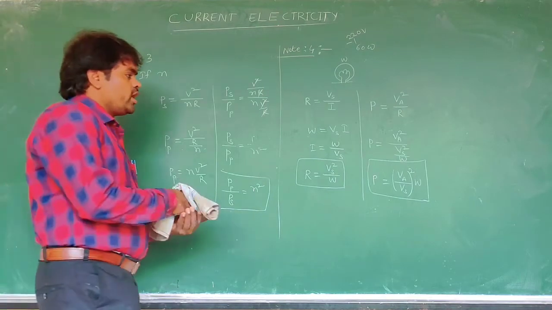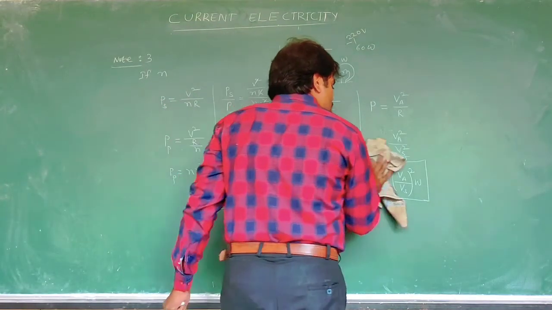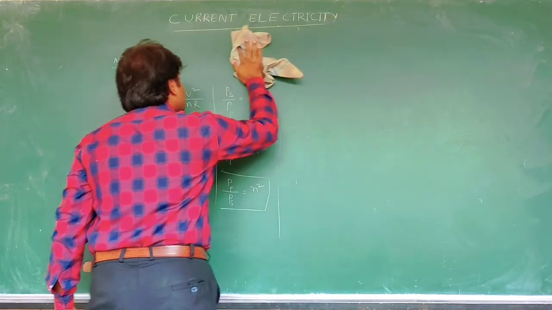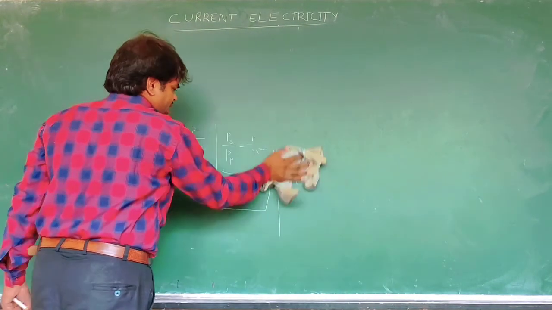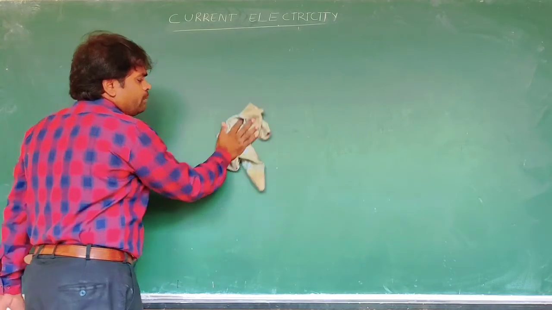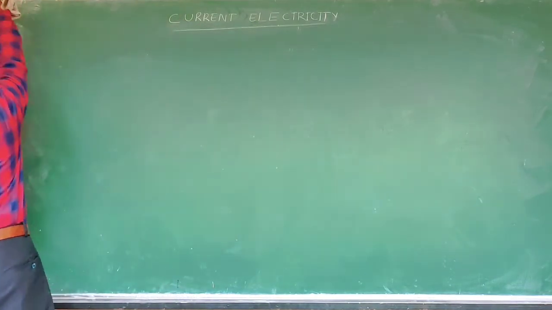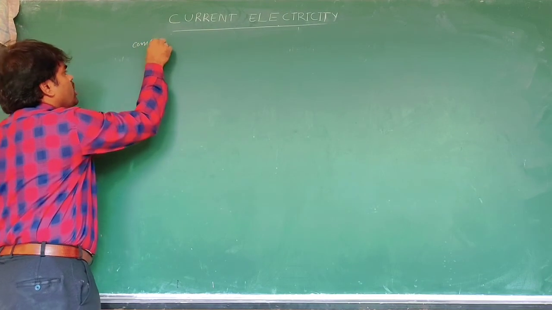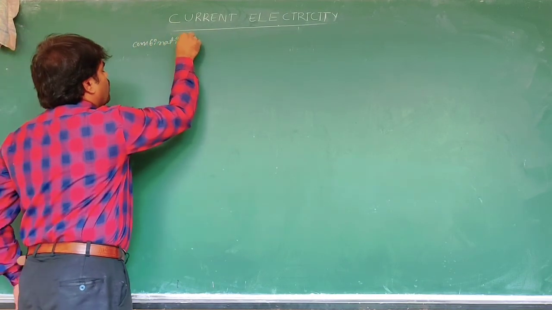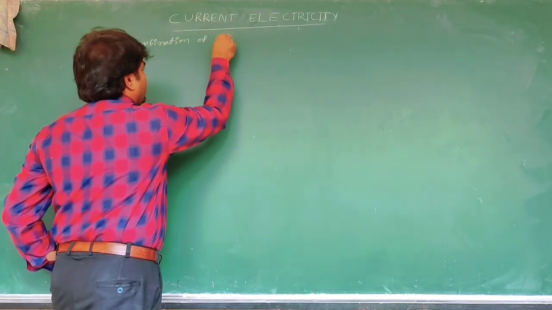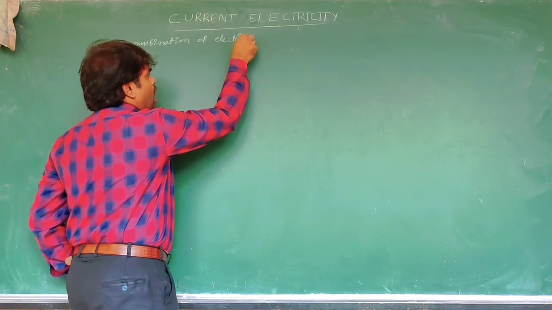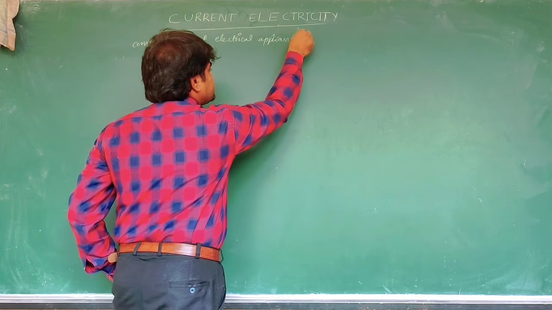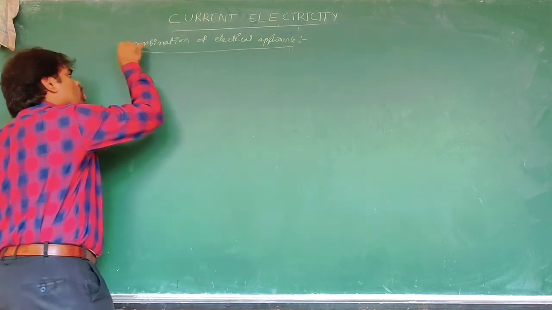Now we are going to discuss the combination of electrical appliances or bulbs. You can say electrical appliances, or we can take bulbs. That means combination of electrical appliances. It's very important from the board point of view.